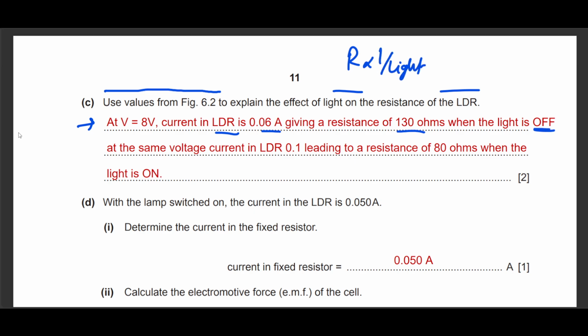When light is off, resistance is high, which is 130. And at the same voltage, when the light is on, the LDR has 0.1, leading to a resistance of 80 ohms, which means that the light has an inverse effect on the resistance of the LDR, which is of course this conclusion.